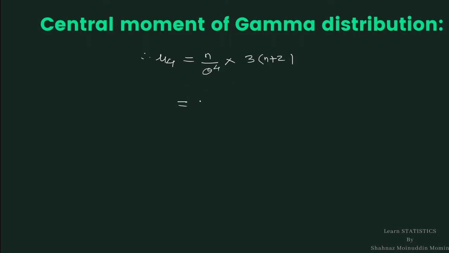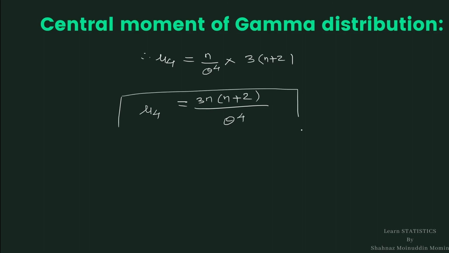So it is 3n into n plus 2 divided by theta raised to 4, which is the value of mu 4, the fourth central moment of a gamma distribution with parameters theta and n.